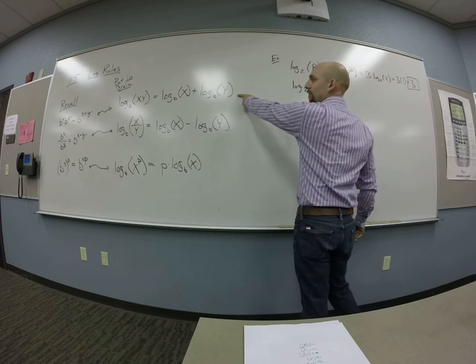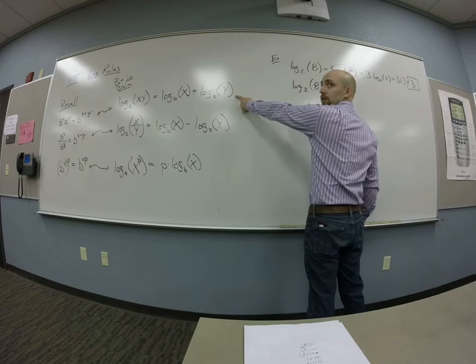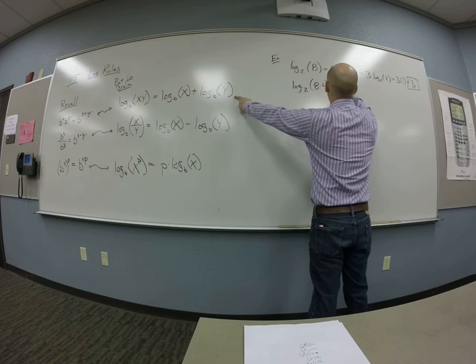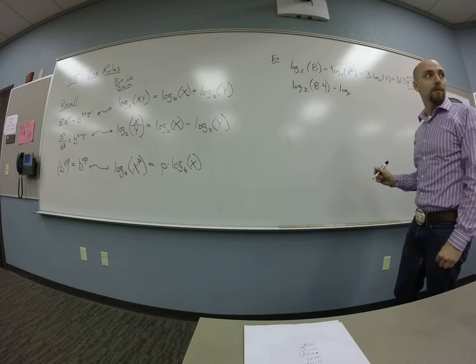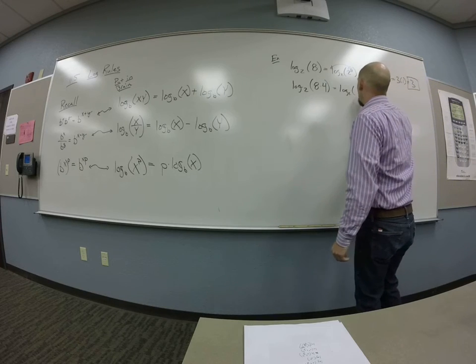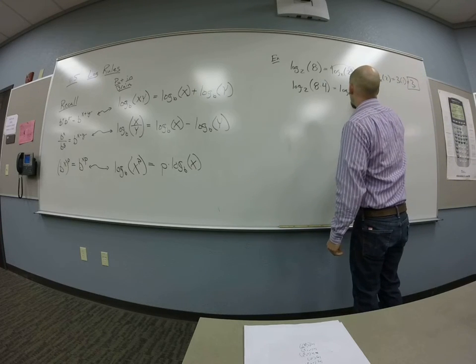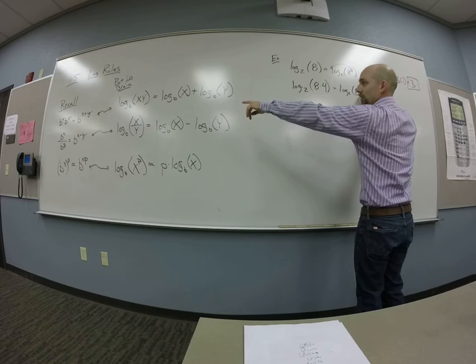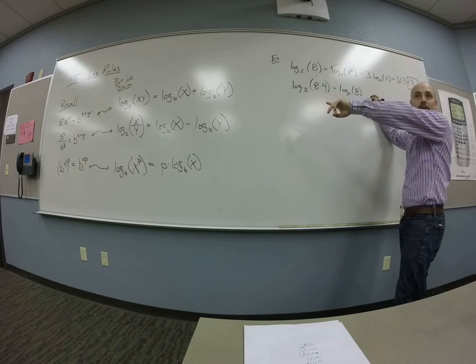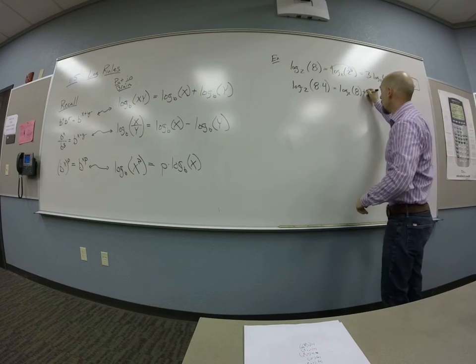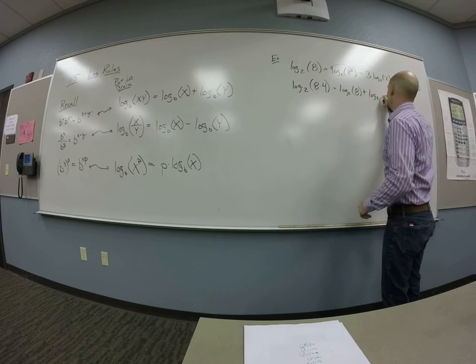So right now I'm going to apply the first rule. And it's going to tell me that this is log base 2 of 8 plus log base 2 of 4.